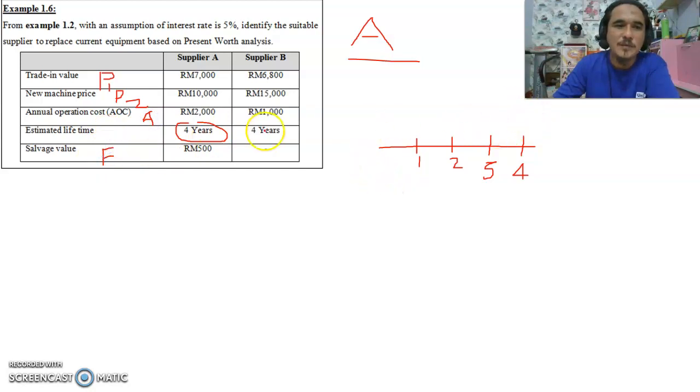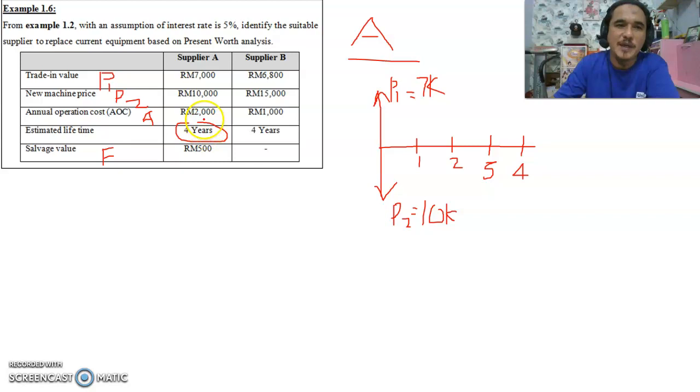For the trade-in value, we will get money from the supplier because they buy our old machine, so the arrow is positive. This is P1, which is 7K. We need to buy a machine for 10,000, so we use our money. So P2 is 10,000.